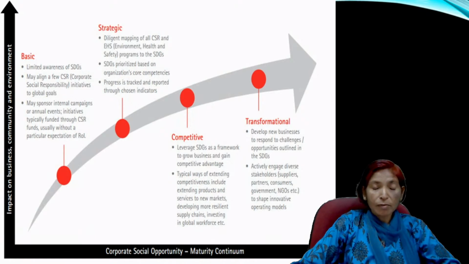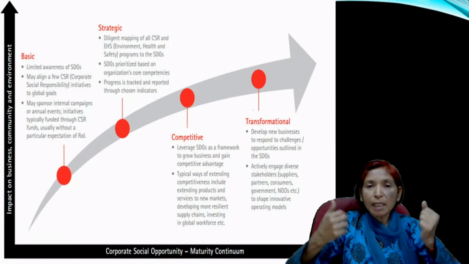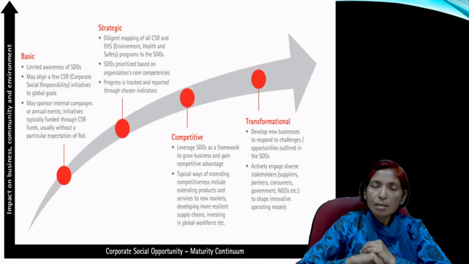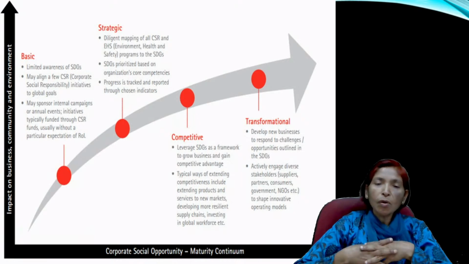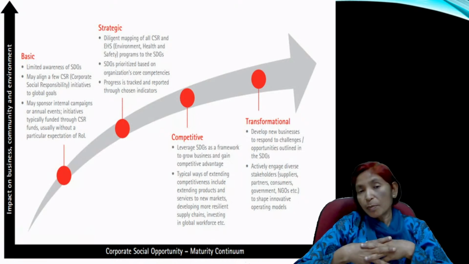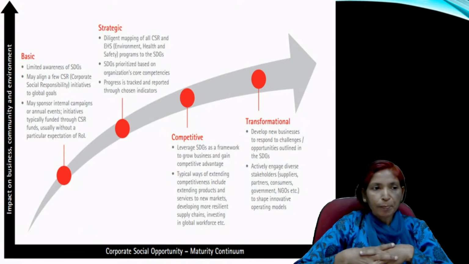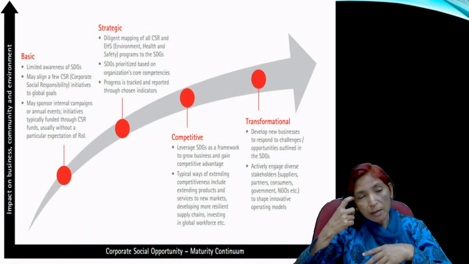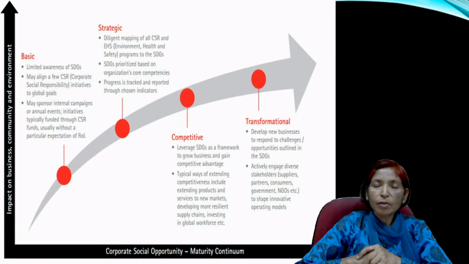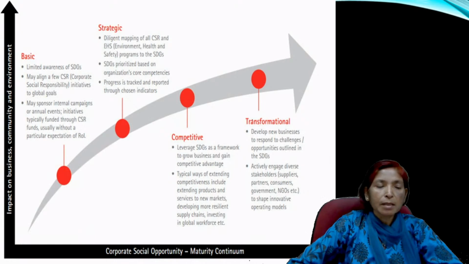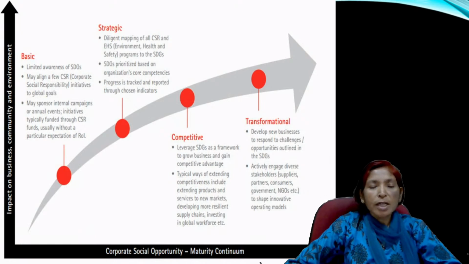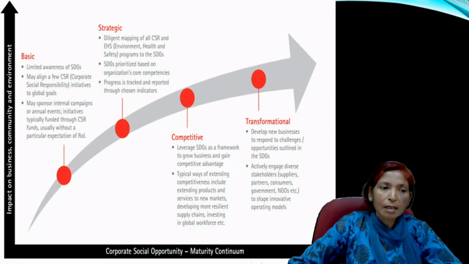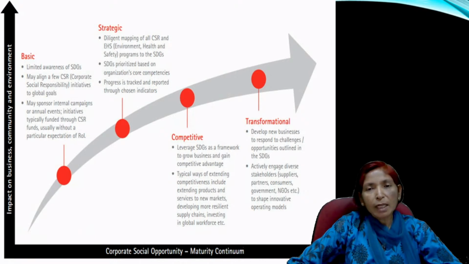And if we achieve these 17 goals, then the whole world will develop and people will benefit from these goals. So if there is limited awareness of the sustainable development goals, a company may align a few CSR initiatives to global goals, may sponsor internal campaigns or annual events, with initiatives typically funded through CSR funds, usually without any particular expectation of ROI.